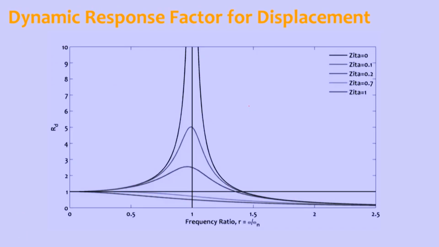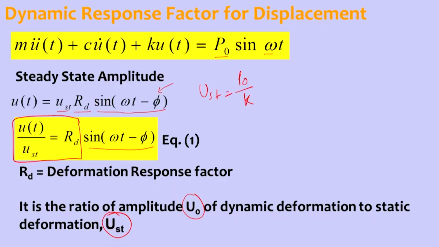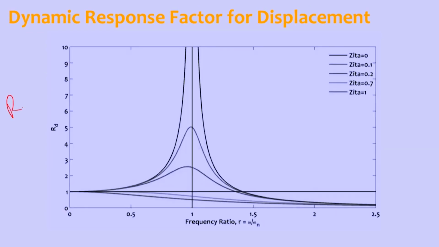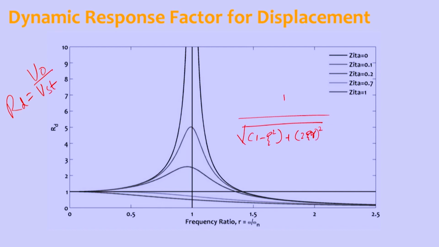Now if we plot this curve, Rd is U0 by UST, and the equation is Rd = 1 by the square root of (1 minus r square) whole square plus (2 zeta r) whole square.